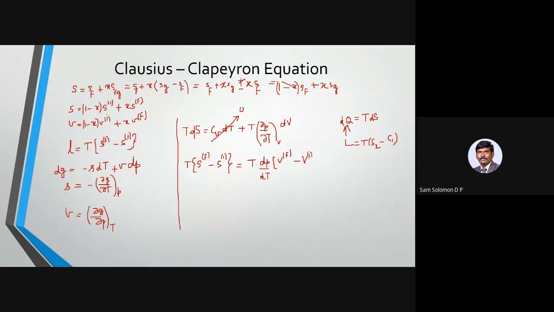All these are small letters, specific volume and specific entropy. Because the temperature is there on both sides, I can cancel out these two temperature terms.